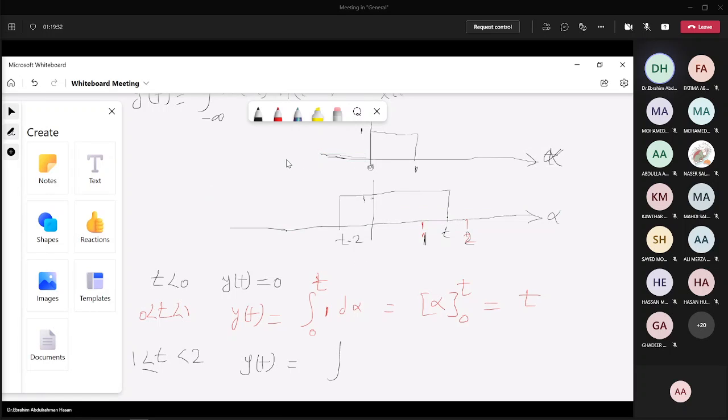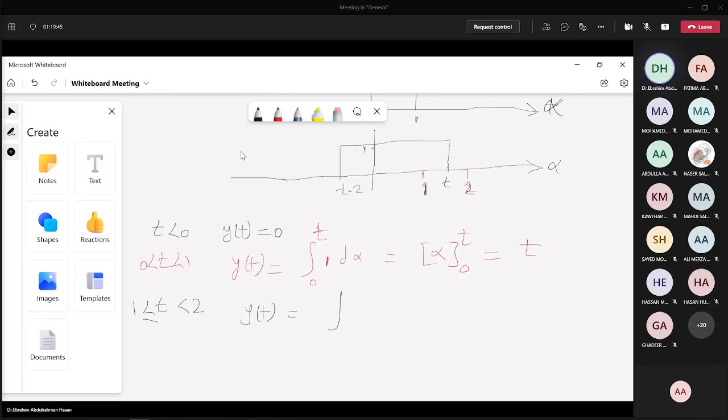So this part is multiplied by 0. So we have from here to here, because after 1 again it is equal to 0. So it is only 1 multiplied by 1 from 0 to 1, alpha d alpha. So then it is equal to alpha, sorry, this is 1, 1 multiplied by 1, so it is equal to alpha from 0 to 1. So this is clear, it is equal to 1.